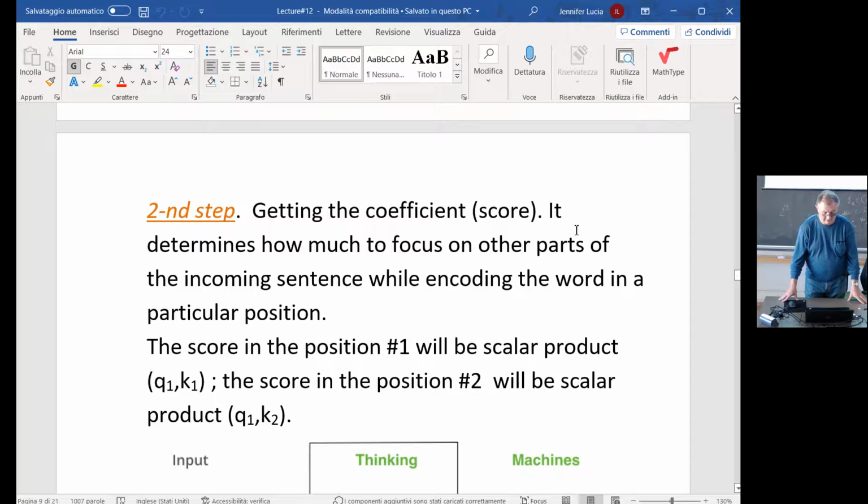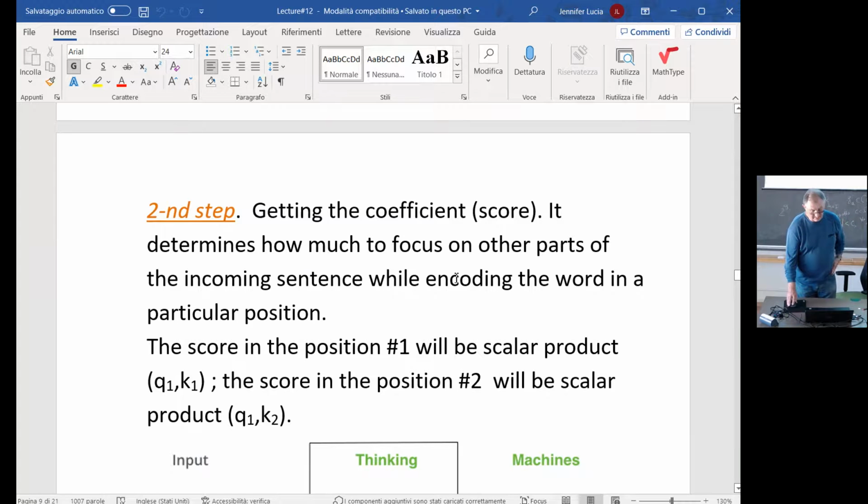Second step, getting the coefficient score. We should now make some score, like an examination mark, for the importance of our word. So we should evaluate the importance like a score.